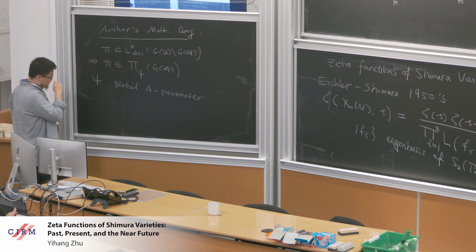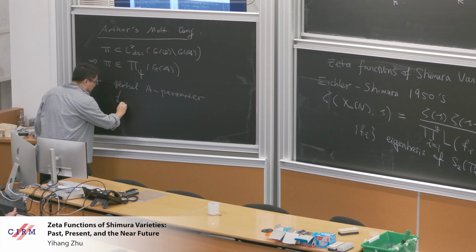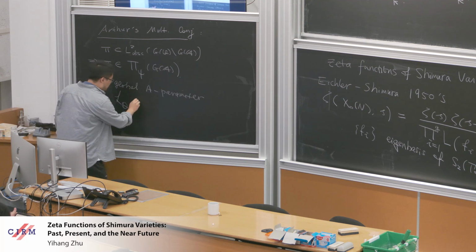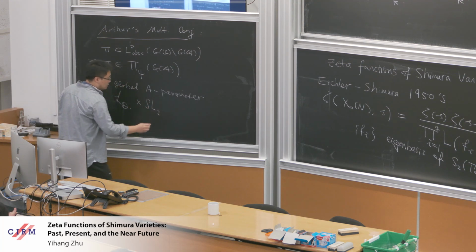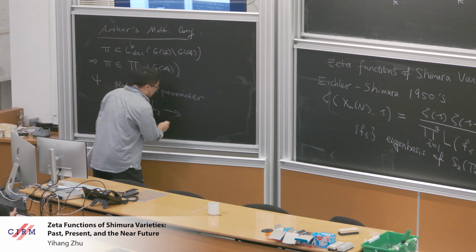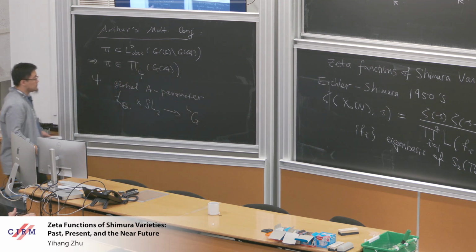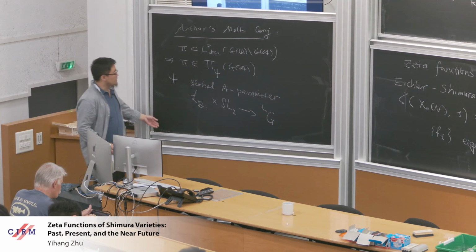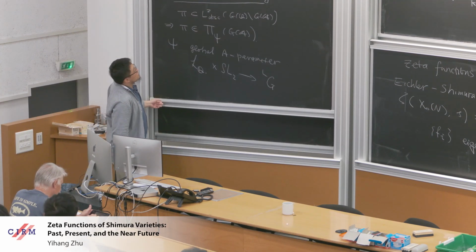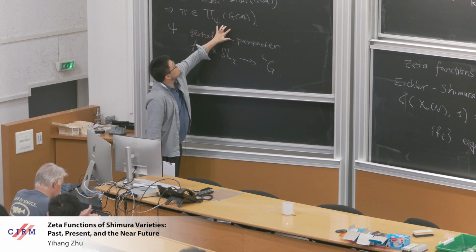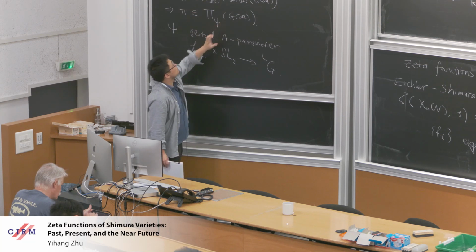It's a certain map from the product of the global Langlands group of Q, which appeared in Professor Alice's talk yesterday, times SL2, into the Langlands dual group of G, satisfying some properties. For such psi, you can define a certain set of representations of G of A, and this pi should be a member of that.